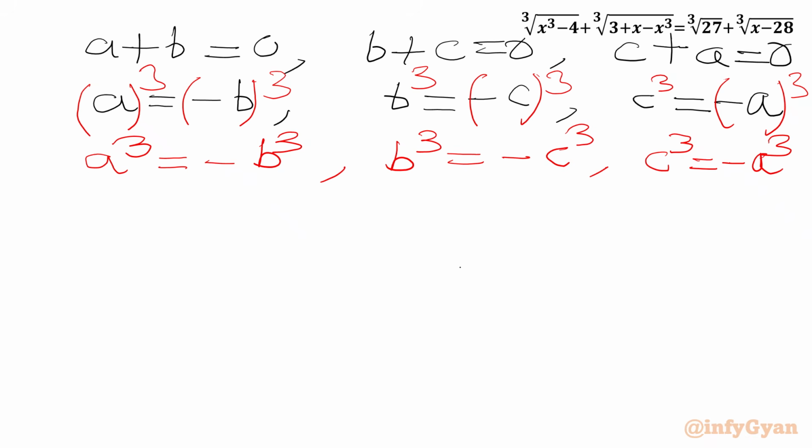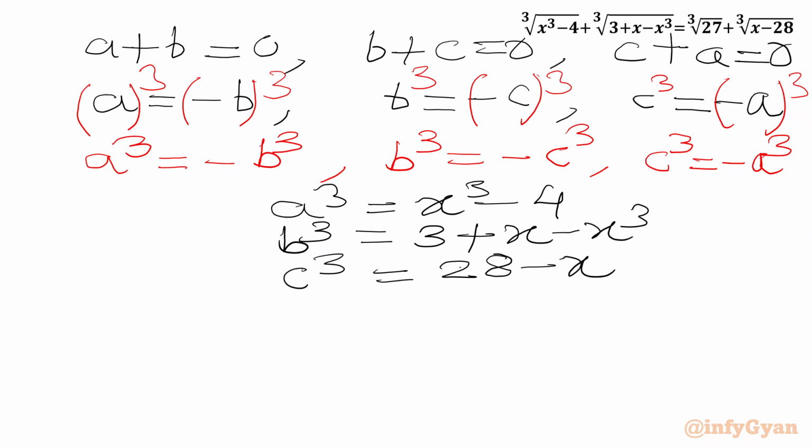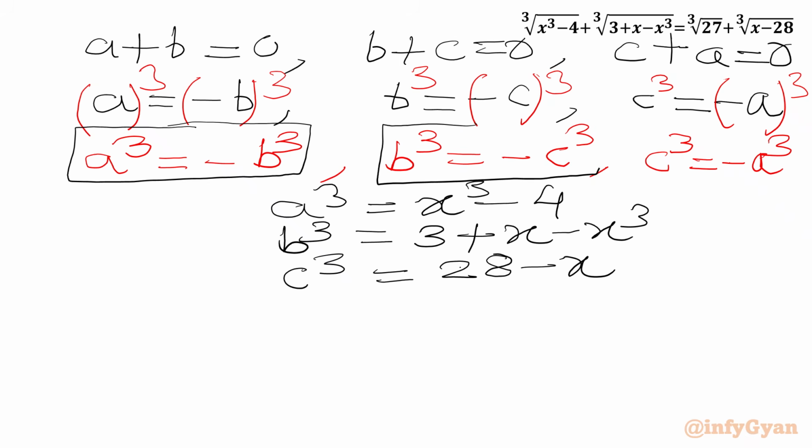Let me write here: a cube is x cube minus 4. b cube is 3 plus x minus x cube. And c cube is 28 minus x. Now we have to put all the values here, here, and in the third equation, c cube equal to minus a cube. So let us begin from here.